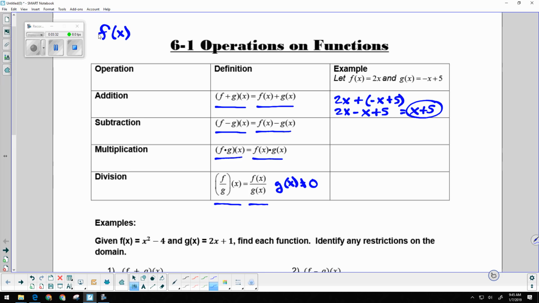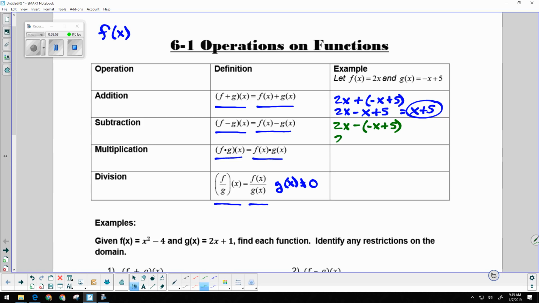f of x minus g of x. So f of x is 2x minus g of x. Well, g of x, again, is negative x plus 5. Now, be careful with subtraction. If you have a minus sign directly in front of a set of parentheses or of a quantity, you have to distribute it through that quantity.